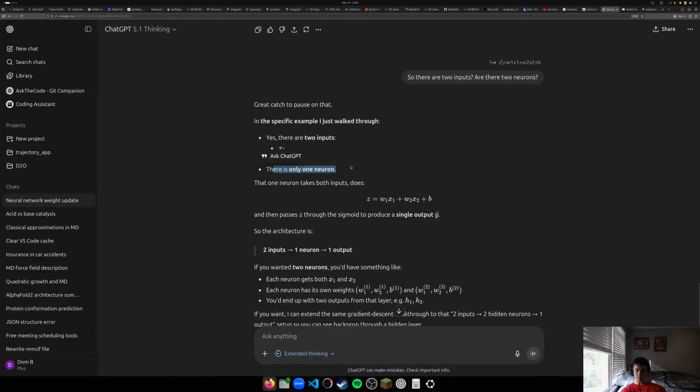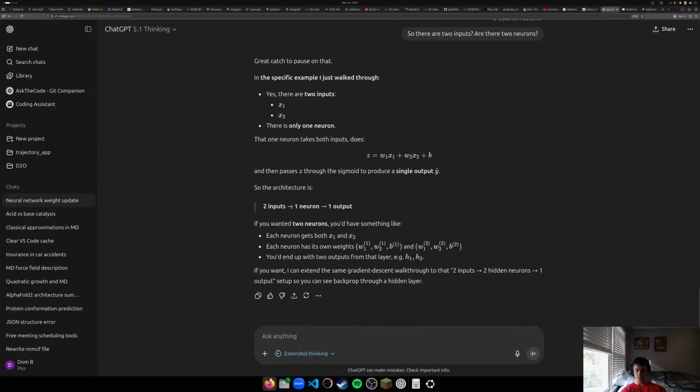Yes, there are two inputs. There's only one neuron. That one neuron takes both inputs and does that. Two inputs, one neuron.